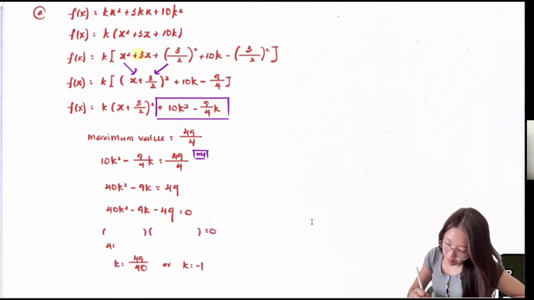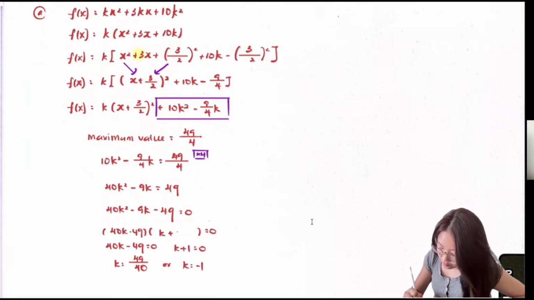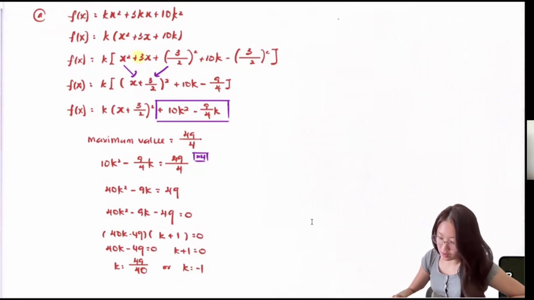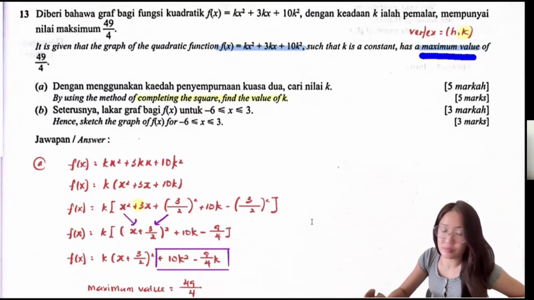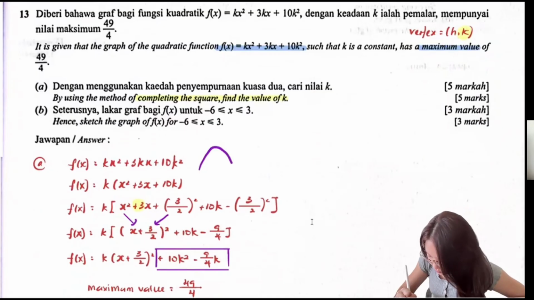Okay, so work backwards. And this one is k plus 1 equal to 0. Then write it back into the brackets. Okay, and then because it says maximum value, right? Maximum value means you have a sad face.